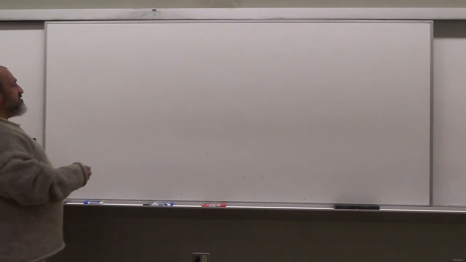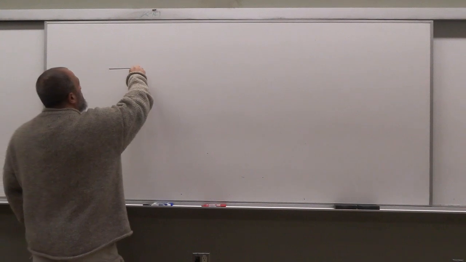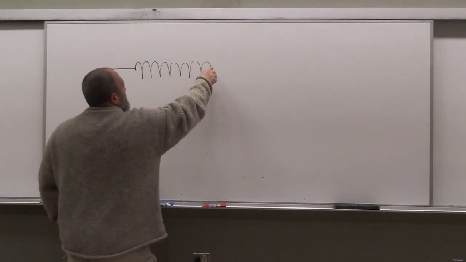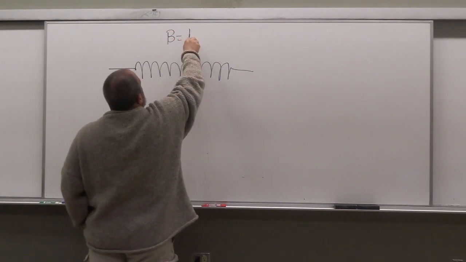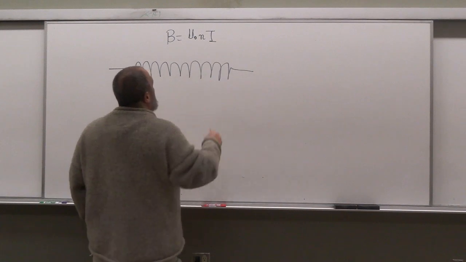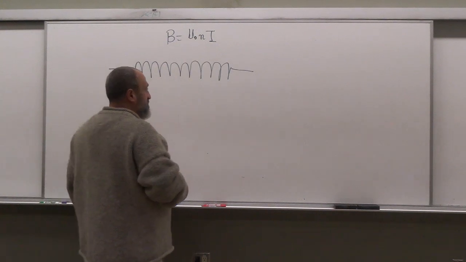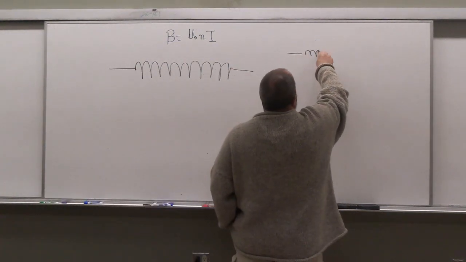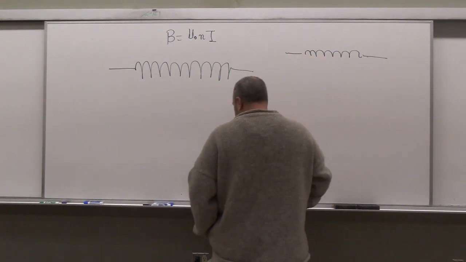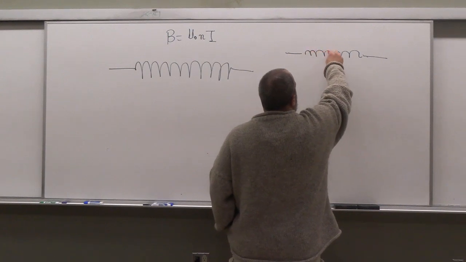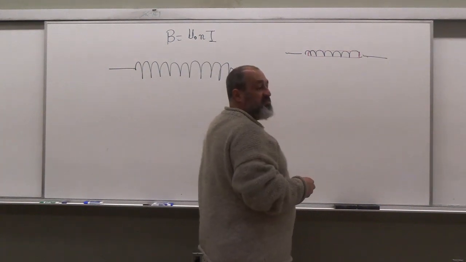Okay, so let's say that now you have a solenoid, an ideal solenoid where the field was given by B is equal to mu naught n I, okay? And what's really interesting now, just on the side, is if you have a solenoid with current I flowing in it, with some sort of power source powering this thing, and you were to wrap the solenoid around a piece of iron, for example, what do you think the field will be in this region?